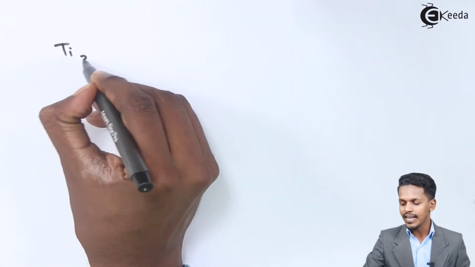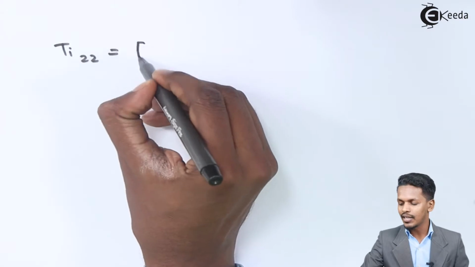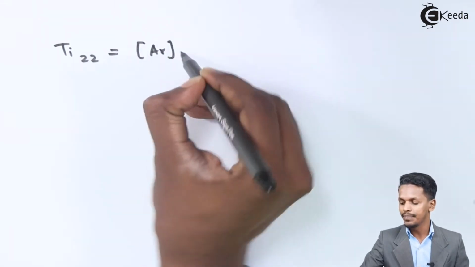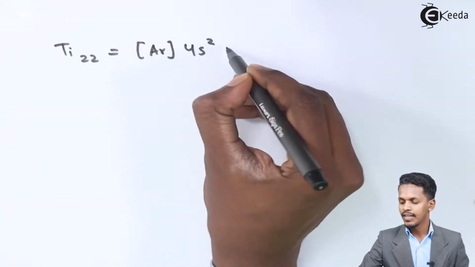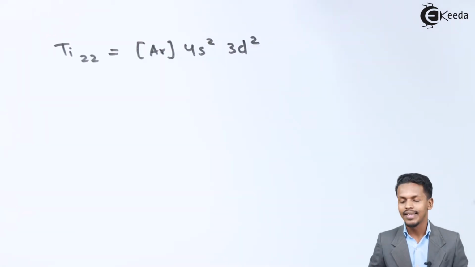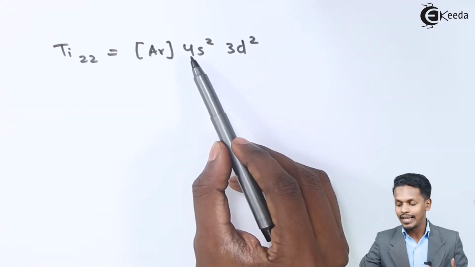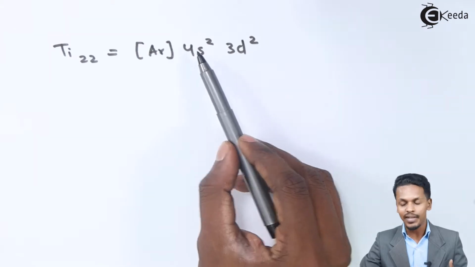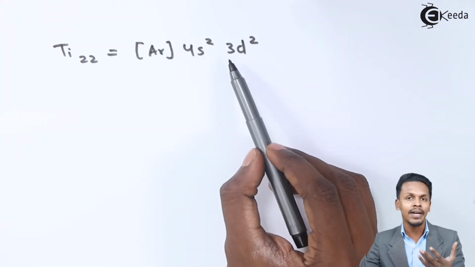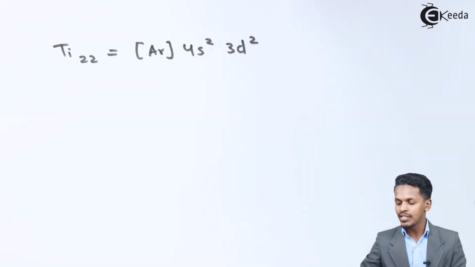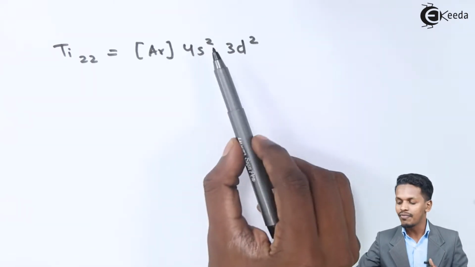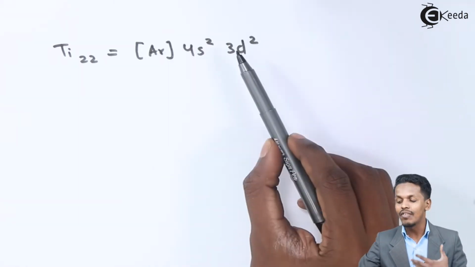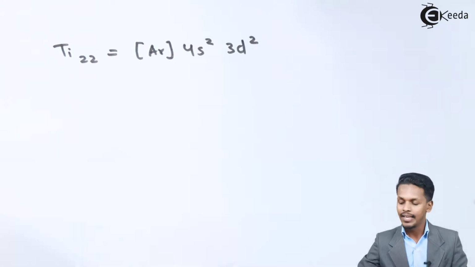Titanium has an atomic number of 22, so we could write the electronic configuration as argon 18, 4s2, 3d2. The fourth shell consists of the s orbital, and 3d is the penultimate shell, so the electrons are removed from the 4s2 first and then come to 3d.